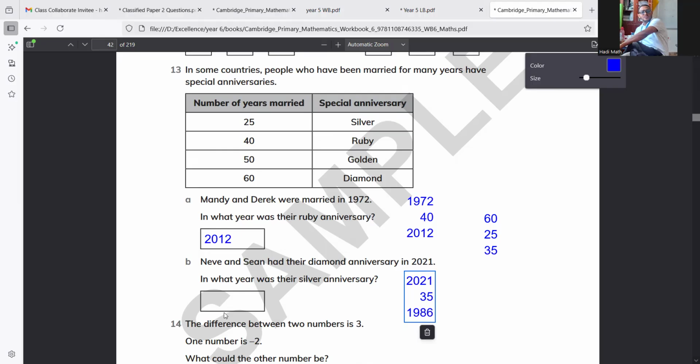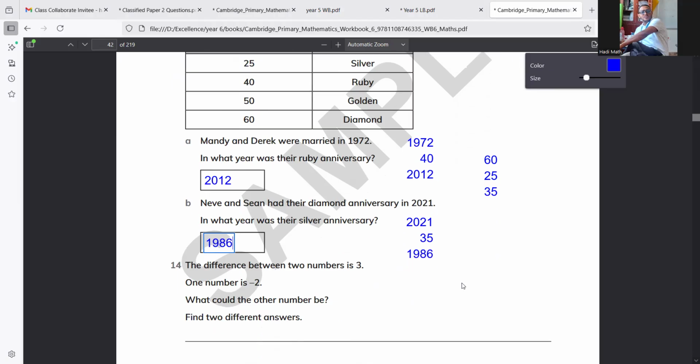So their silver anniversary is in 1986. That's all you need to know. The diamond they get after 60 years and silver after 25 years. From 25 to 60 is 35. Then subtract the 35 to know exactly when they got their silver.